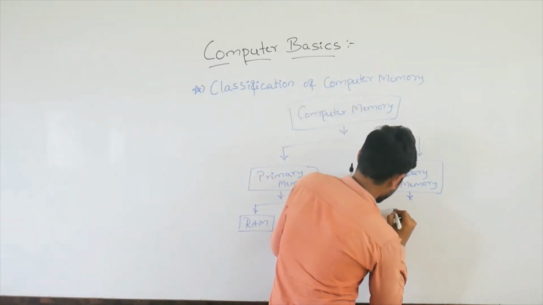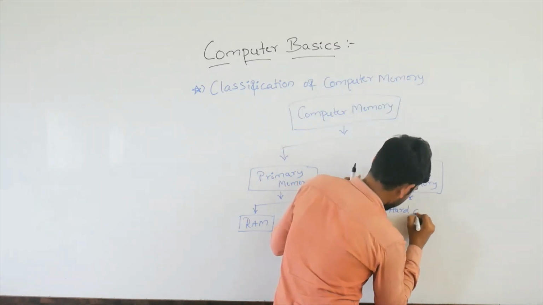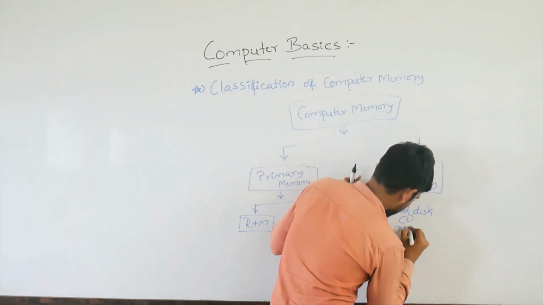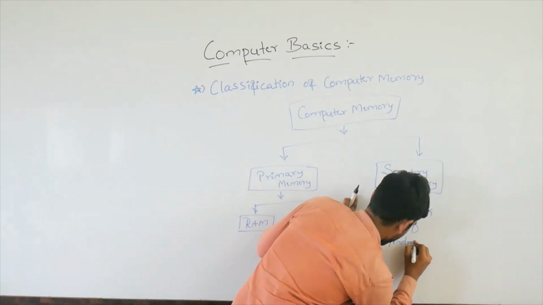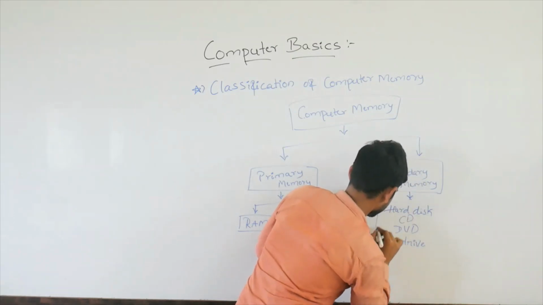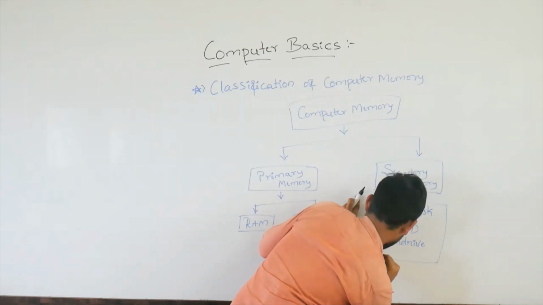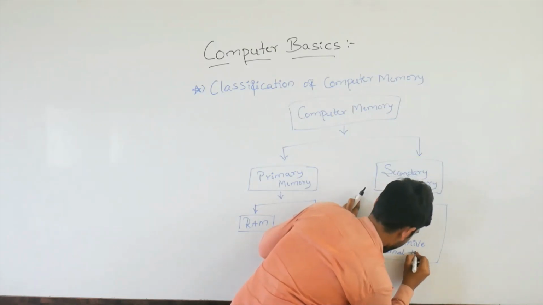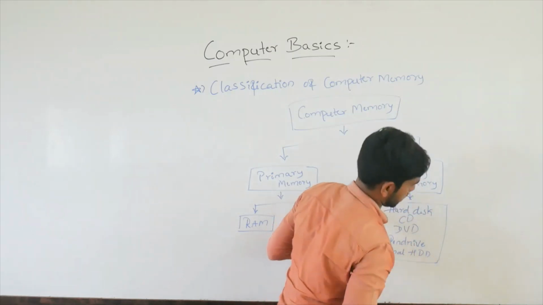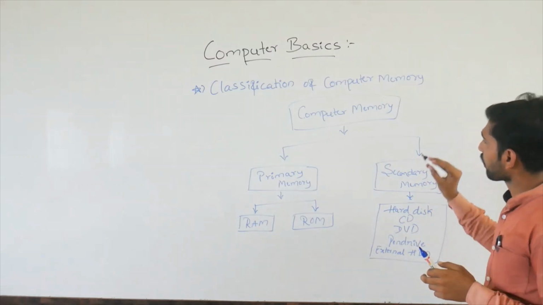Then the secondary memories are hard disk, CD, DVD, pen drive, etc. External hard disk drive. Okay, this is the classification of computer memory.